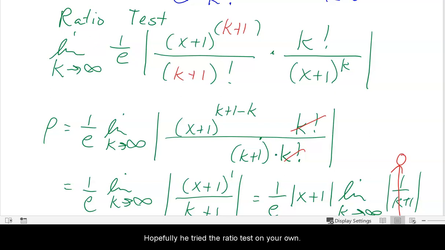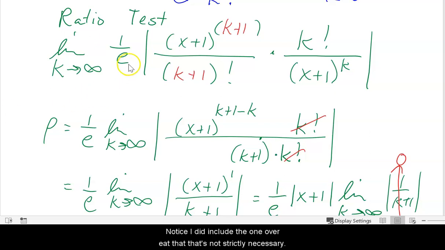Hopefully you tried the ratio test on your own. Notice I did include the 1 over e, though that's not strictly necessary. This represents a sub k plus 1, and this represents the reciprocal of a sub k, 1 over a sub k. I stretched out the x plus 1 to the k plus 1 by subtracting the two powers, k plus 1 minus k, which gave me x plus 1 to the first.